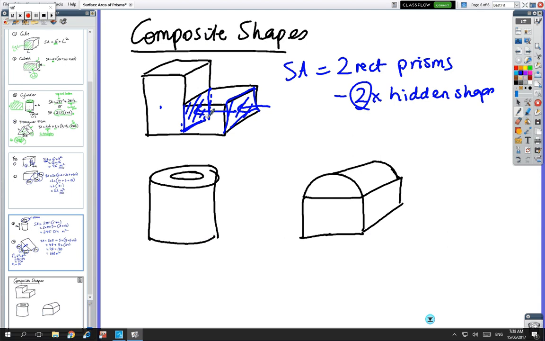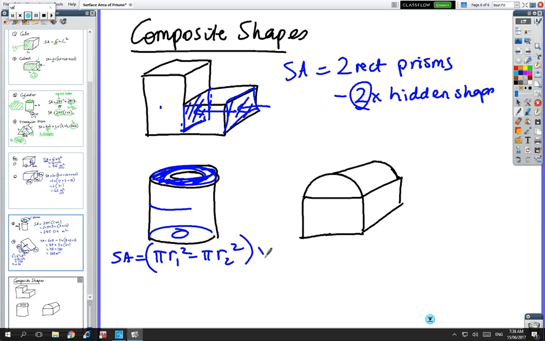For instance, with this one here, you've got a bit of a circle at the top and a bit of a circle at the bottom. So that surface area would be pi, the big radius squared, minus pi, the little radius squared, and that will give you that donut-y shape. And then you have to double that because there's one in the bottom. And then you just add the inner curve part, and you add the outer curve part.